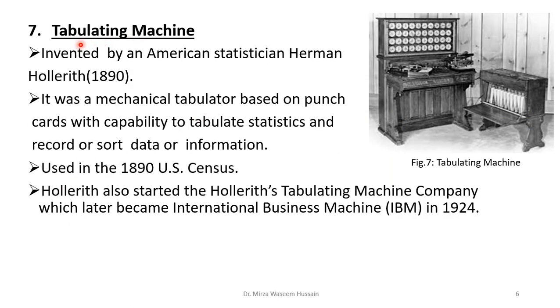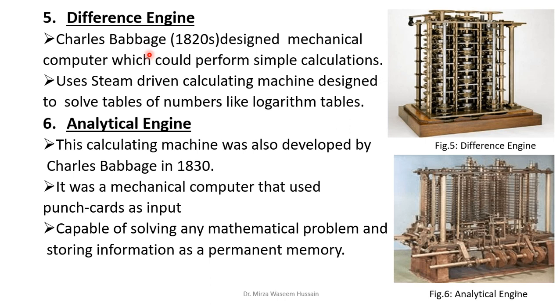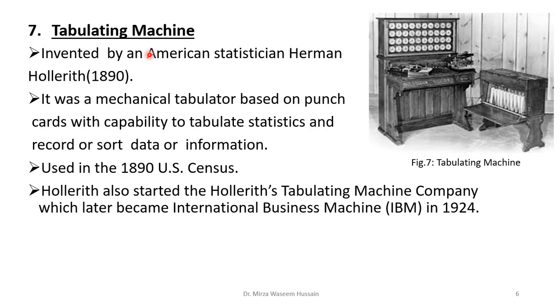And moving to the tabulating machine, this was invented by the American Herman Hollerith, and this was the first mechanical machine that could be used with a punch card. It was an improvement on the analytical engine, with the capability to tabulate statistical results.